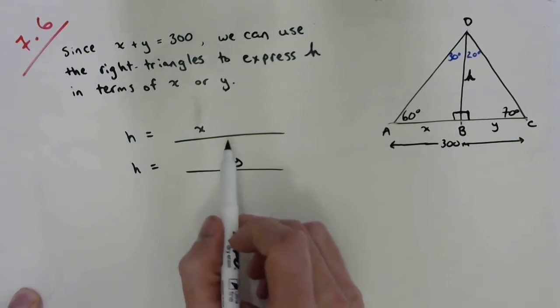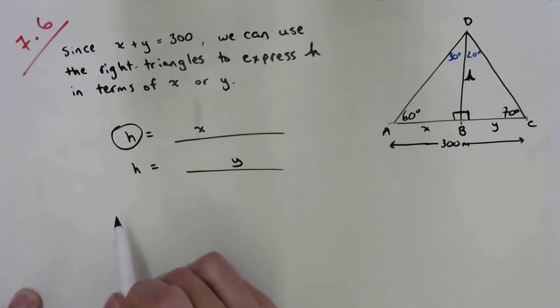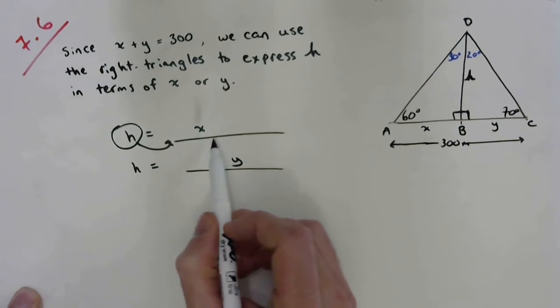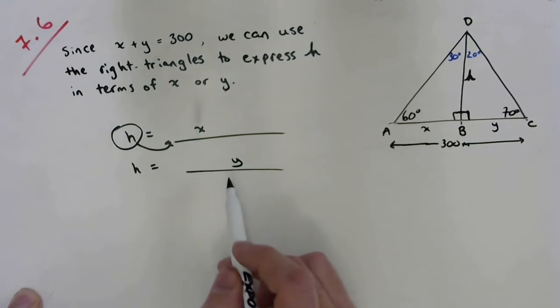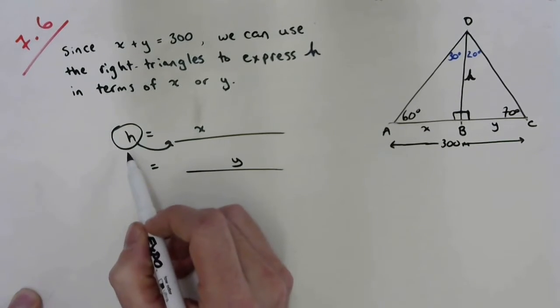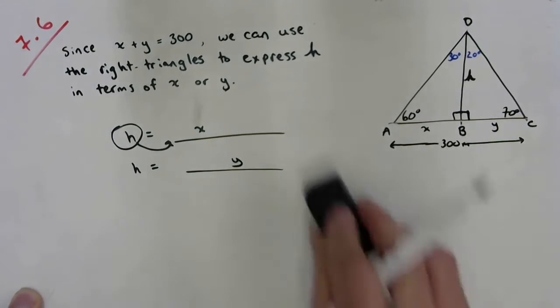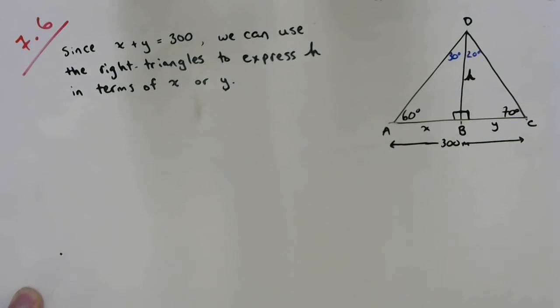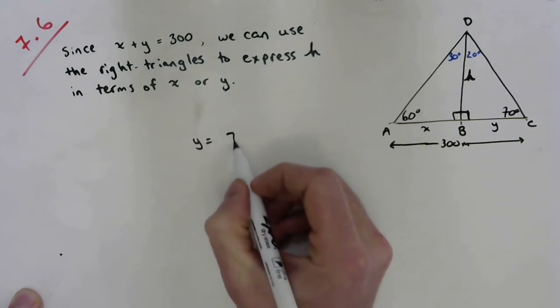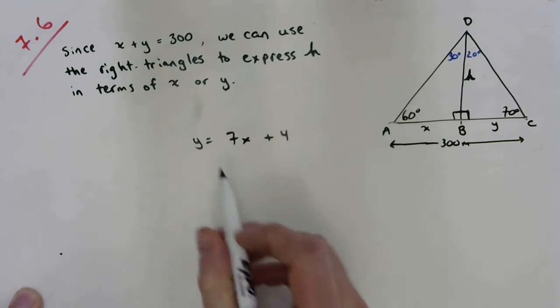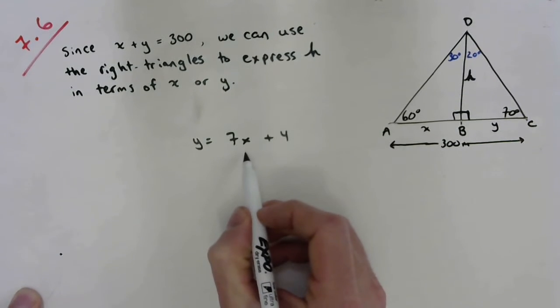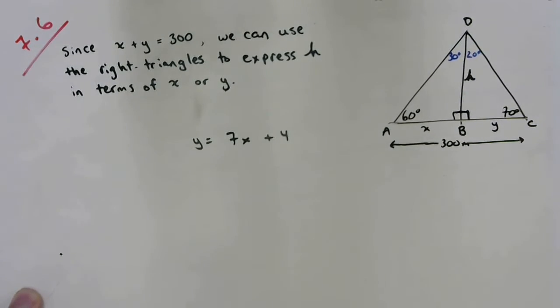That means that we're expressing h. We have h by itself. We're expressing it in terms of x, or in terms of y. If you do something to x, you'll get h. It's the same as in any line, like a linear equation, y equals 7x plus 4. You're expressing y in terms of x. Okay, that's just new language that you need to pick up.